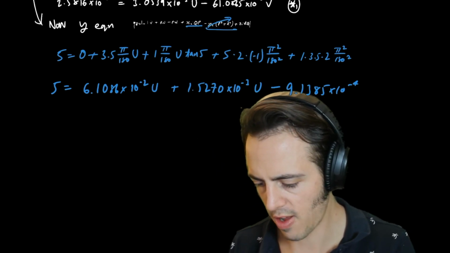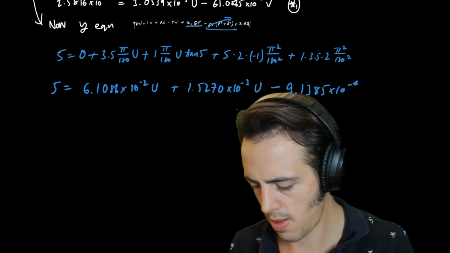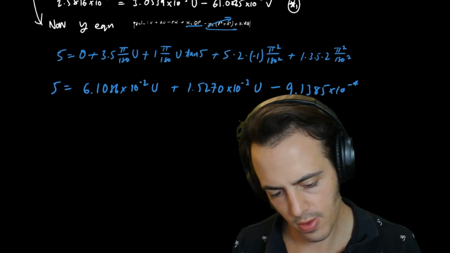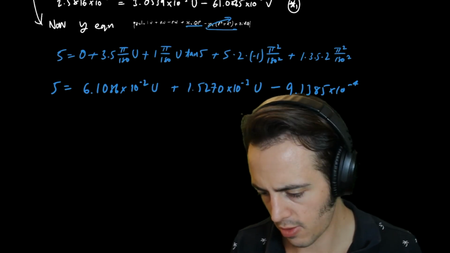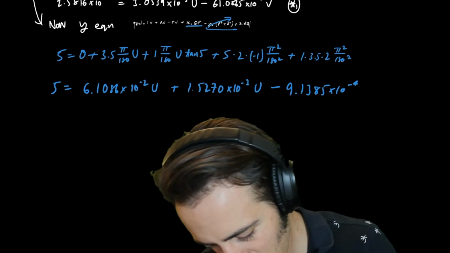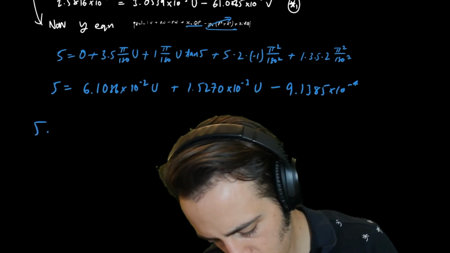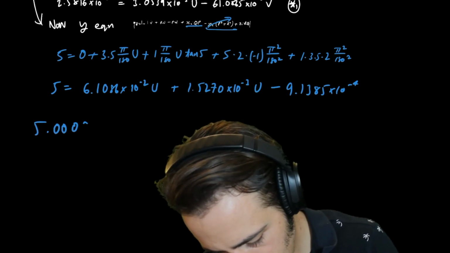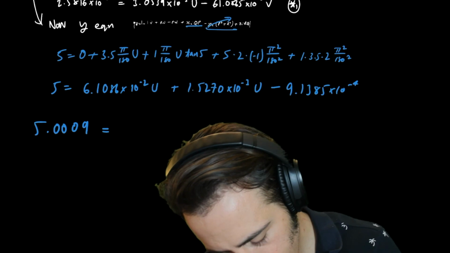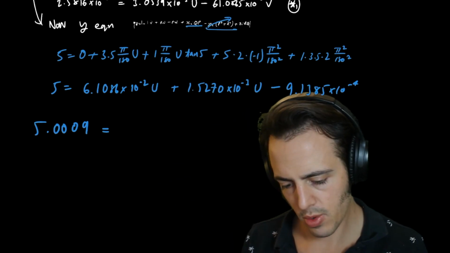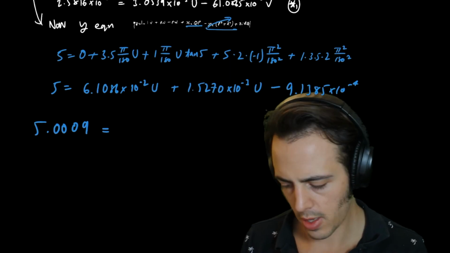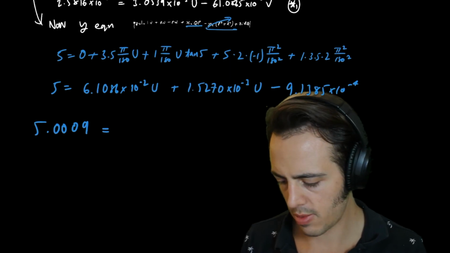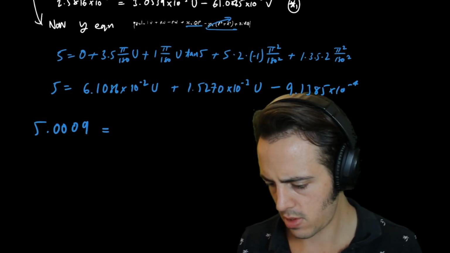No, I should have done 5 minus that answer, but okay, so 5 plus 9.1385 times 10 to the minus 4 is 5 and not much change. It's going to equal 6.1086 times 10 to the minus 2 plus 1.5270 times 10 to the minus 5.